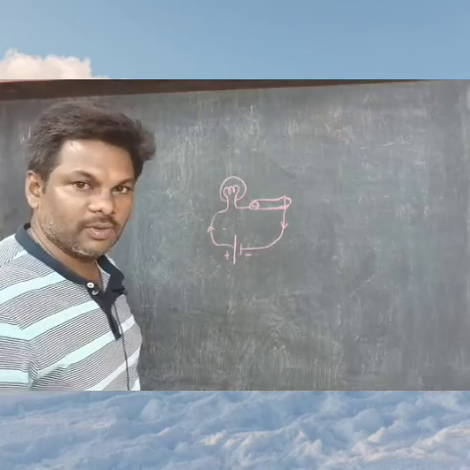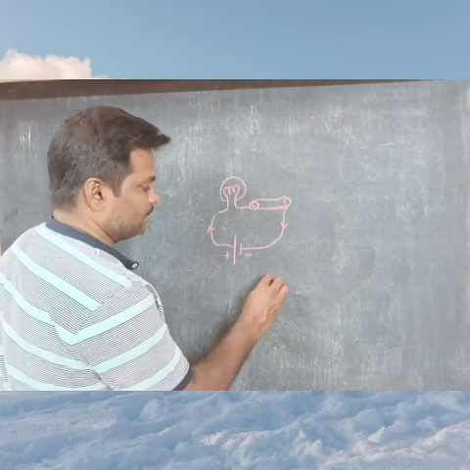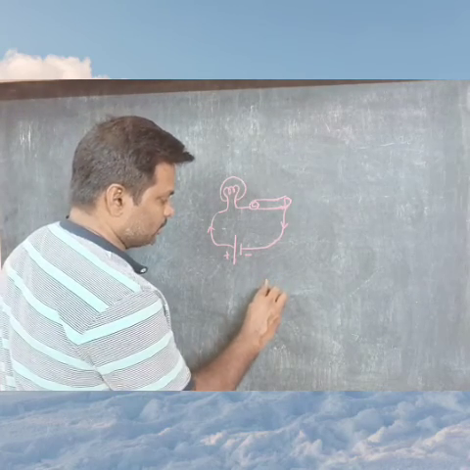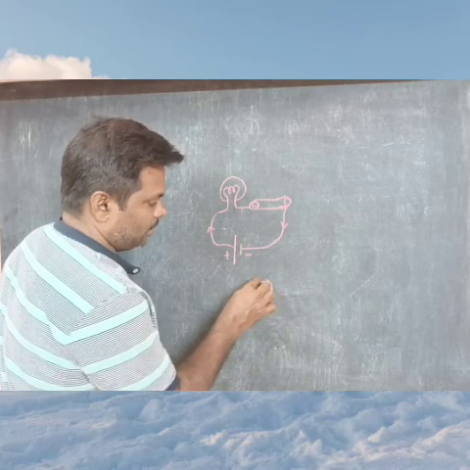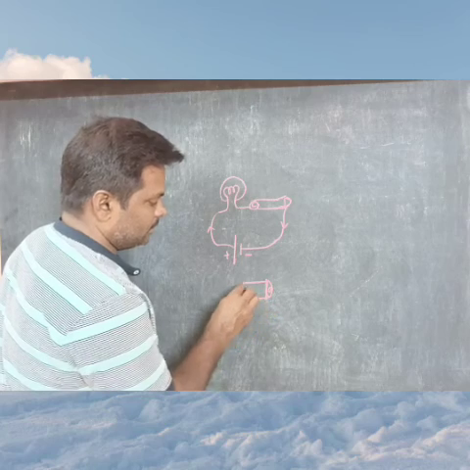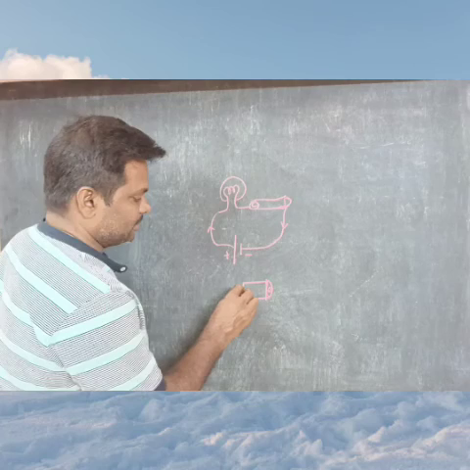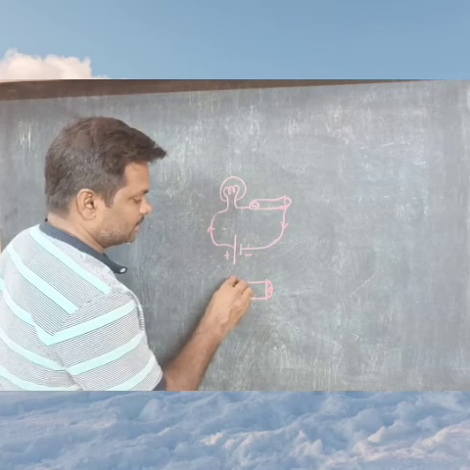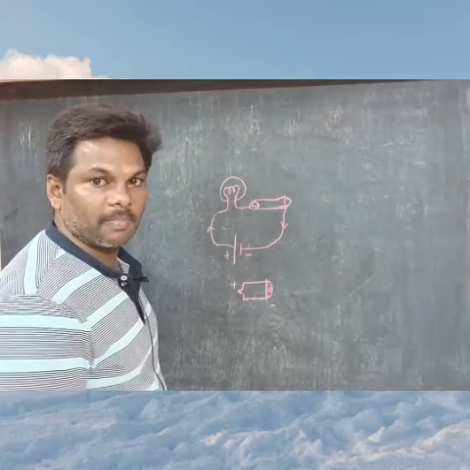And here, connecting batteries. In general, we see batteries in a remote control. They are in this shape on one side, and on the other side you have a heel like this. This heel part is the positive terminal of the battery, and this is the negative terminal.